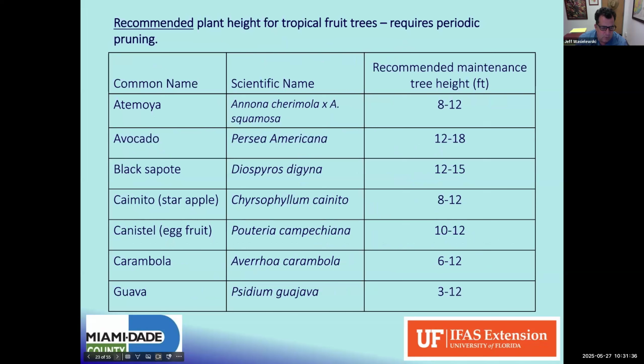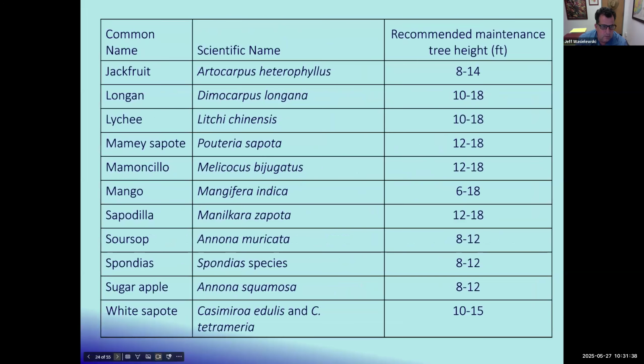Guava, much smaller, 3 to 12. Jackfruit, 8 to 14. Let's look at mango, 6 to 18. And 6 to 18 would really depend on the cultivar. Some of them grow a lot slower, a lot wider. Some of them really shoot towards the stars. So that would be where you want to keep an 18.